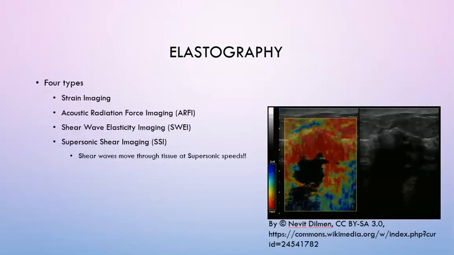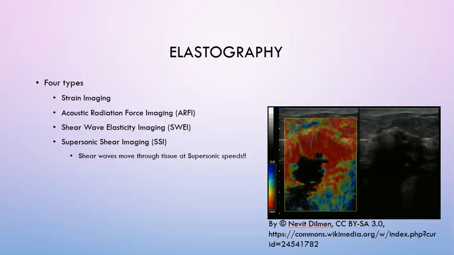So there's four types of elastography that we're concerned with. There's a fifth type that we're not going to worry too much about. I'll introduce it, but I'm not going to spend much time on it. So there's four types. Strain imaging, which is you push down with the probe and you get a picture that changes color. There's acoustic radiation force imaging, which we call ARFI.